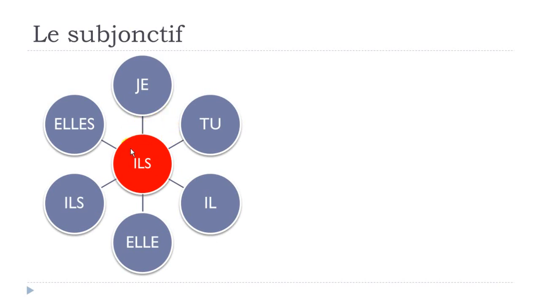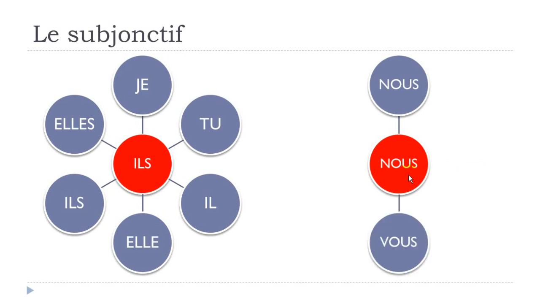So the form of your verb at the present, at the third person plural, will help you construct the subjunctive form for all these persons. And that's the difficulty because for nous and vous, you will have to use the nous form of the present to construct nous and vous.